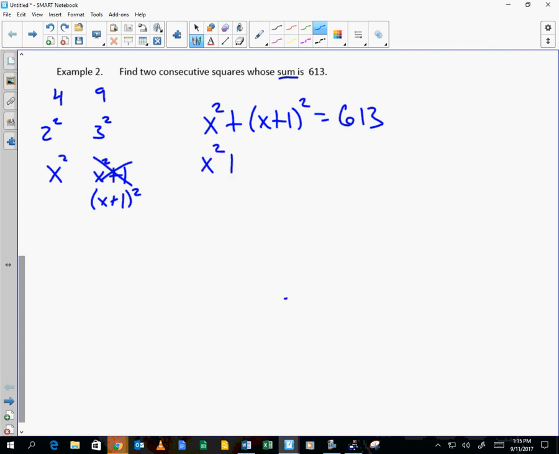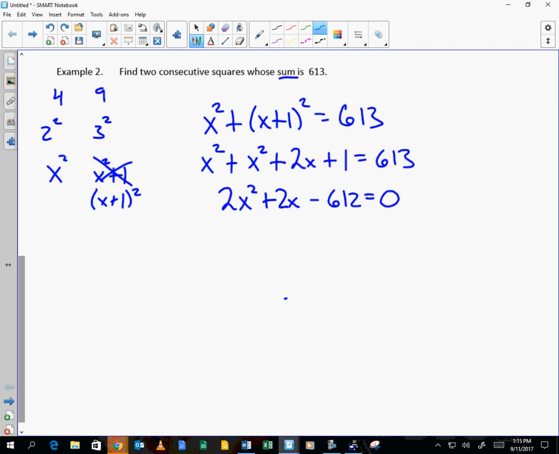So x squared plus, 2x plus 1 is 613. So I had to FOIL that out. I have 2x squared plus 2x, and I'll subtract this 613 to get minus 612.